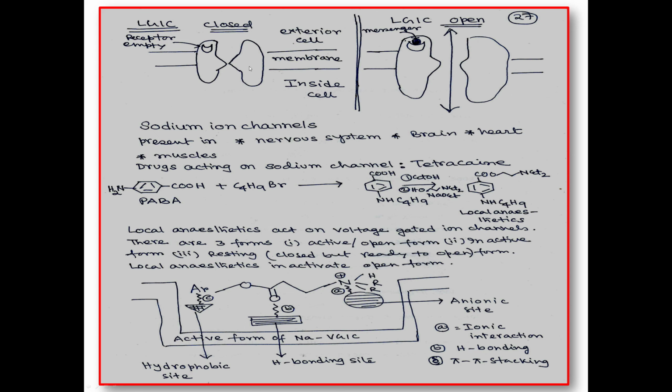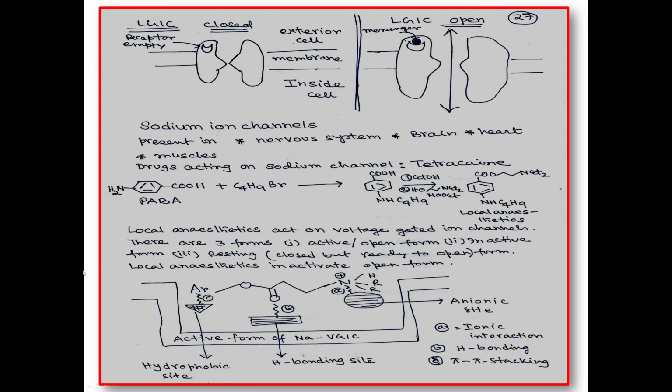Now let us move to one specific ion channel, the sodium ion channel. The sodium ion channel is present in the central nervous system. It is present in the brain, in the heart, and also in the muscles.